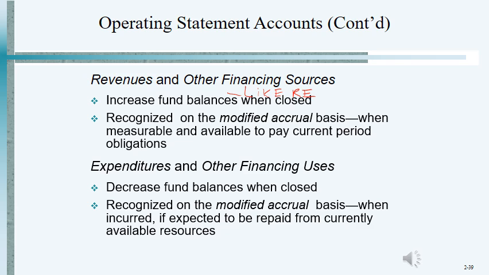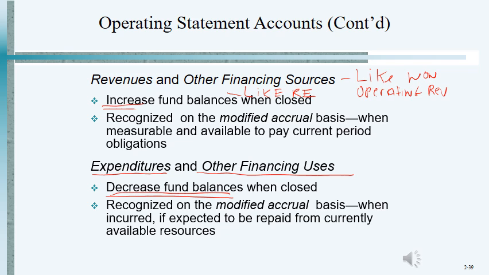Our other financing sources, which are like non-operating revenues, are going to increase fund balance. Our expenditures and our other financing uses are going to decrease fund balance, because fund balance is like retained earnings.